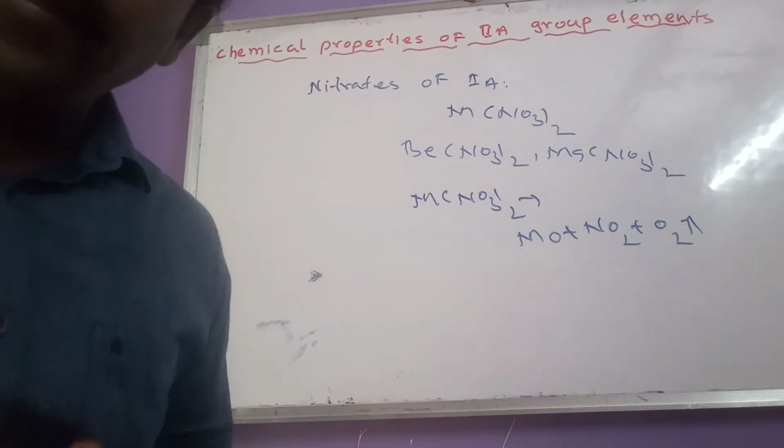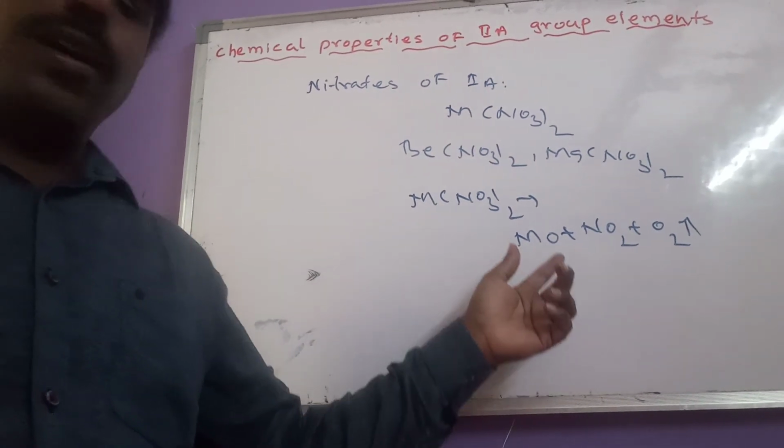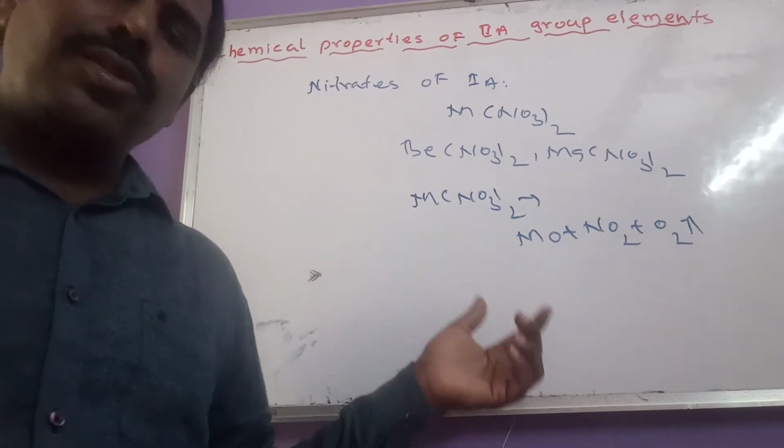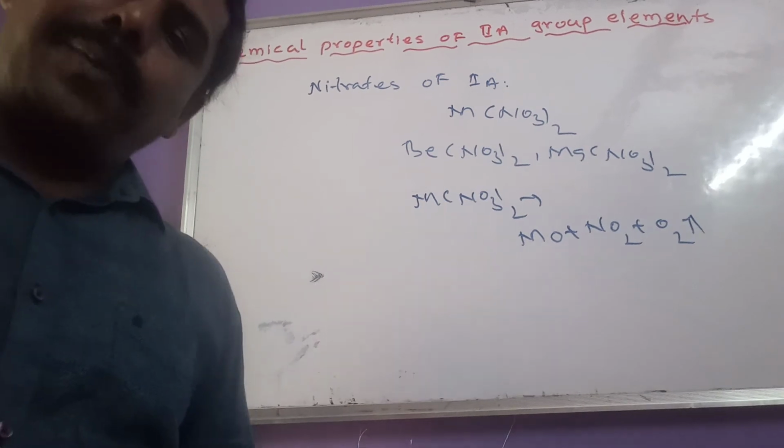Similar to lithium nitrate, these also produce oxide, nitrogen dioxide and oxygen. So these are the nitrates of second A group elements.